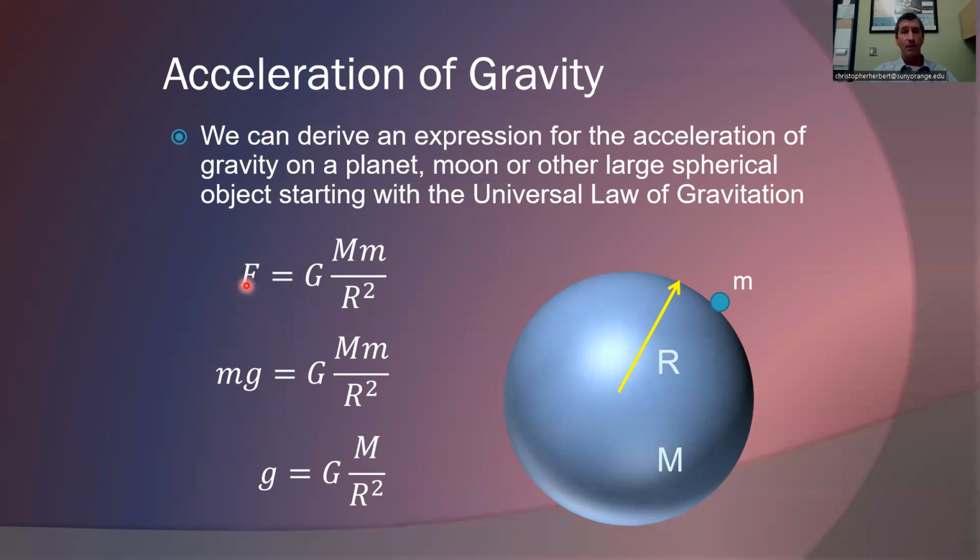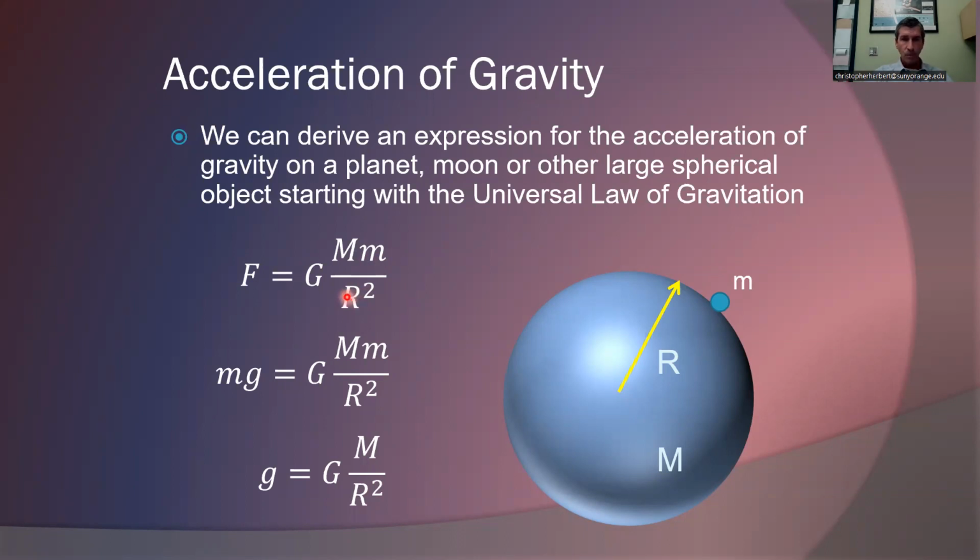But in any case, the force due to gravity, I'm going to rewrite this instead of as M1, M2. We're going to replace M1 with big M. We're going to replace M2 with little m. We're going to replace the distance between the two with big R representing the radius of the planet.